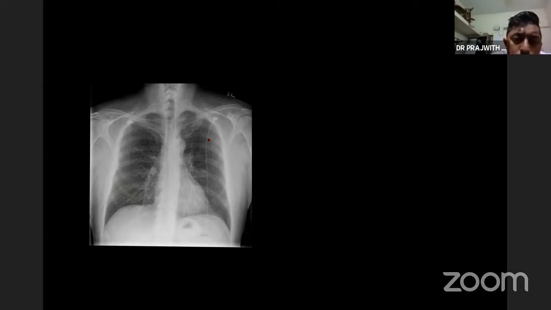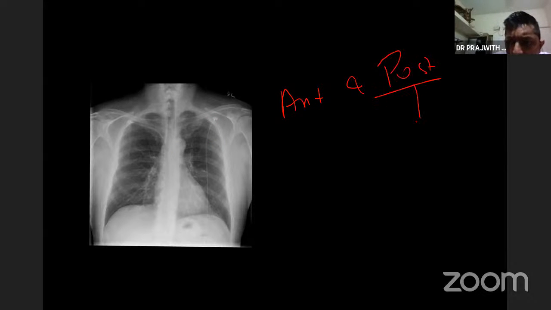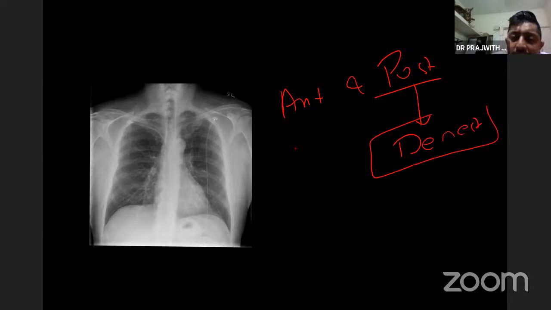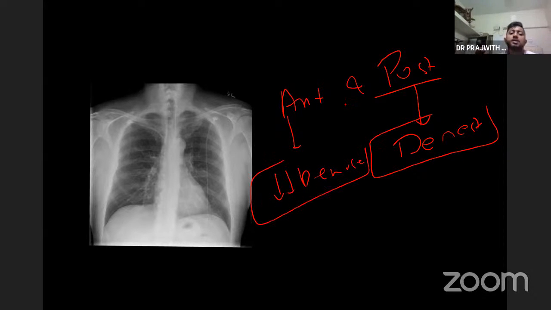Now, out of the anterior and posterior rib, the posterior rib is denser. The anterior rib is less dense, and if I press the anterior rib, it will break. It is very brittle. But if I see this image, you can see both of them with almost the same density.